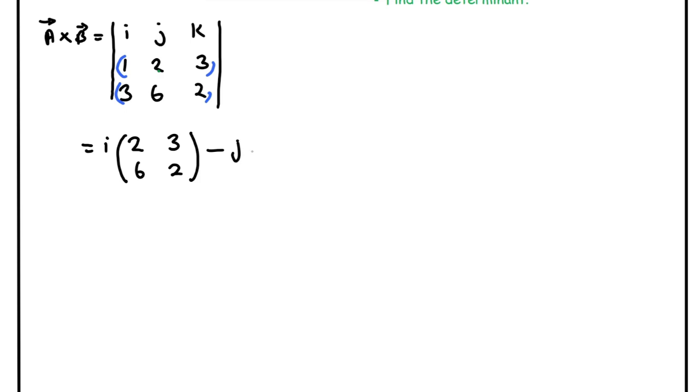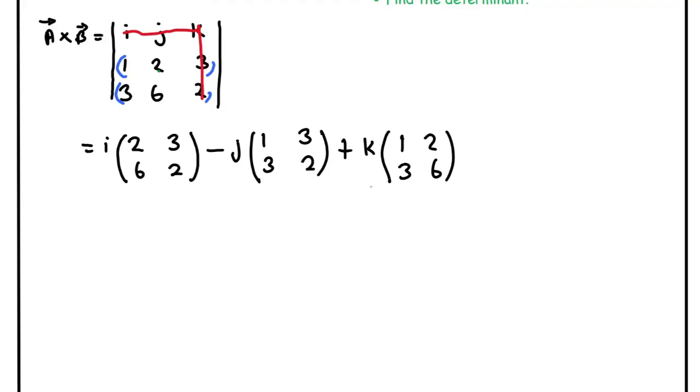So this is J, open, we have 1, 3, 3, and 2. Then lastly, plus K. We'll do the same thing to K. The matrix that we have is 1, 2, 3, 6.